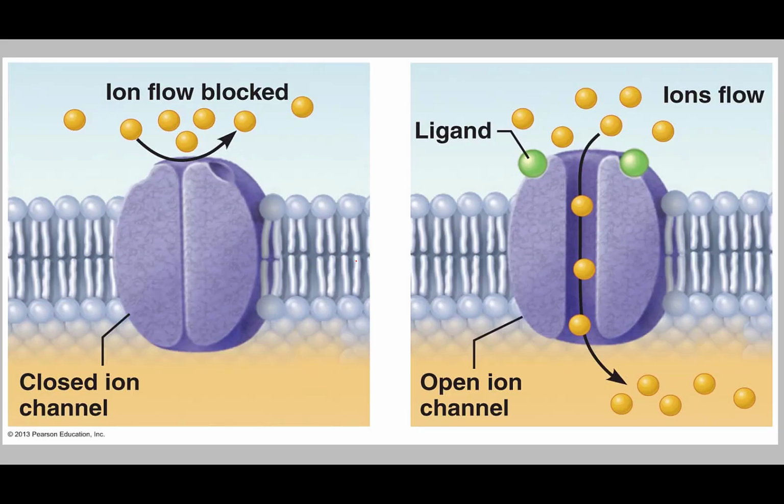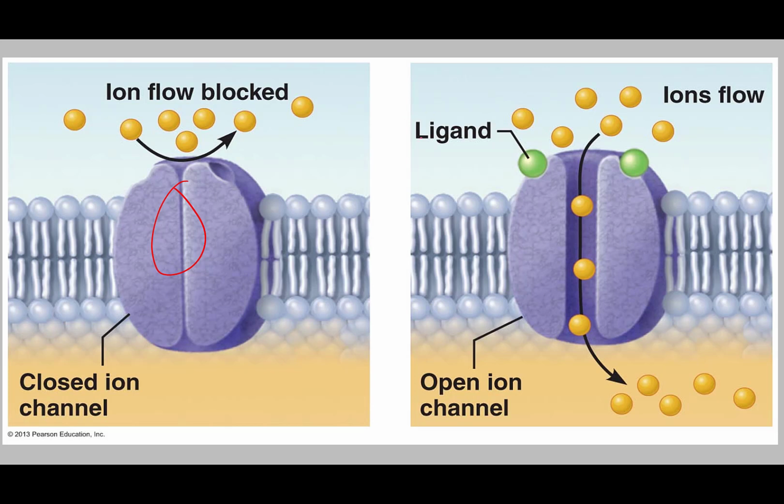Okay, so real quick, just a refresher of something we talked about in the previous lecture, or maybe even the first lecture of this chapter. Remember ligand-gated channels, also called chemically gated channels. Normally, they are closed and nothing can pass through.